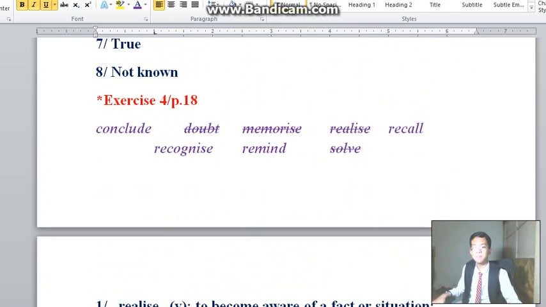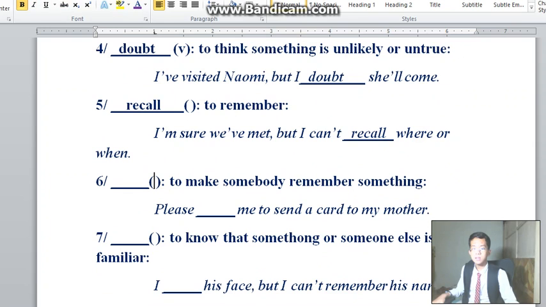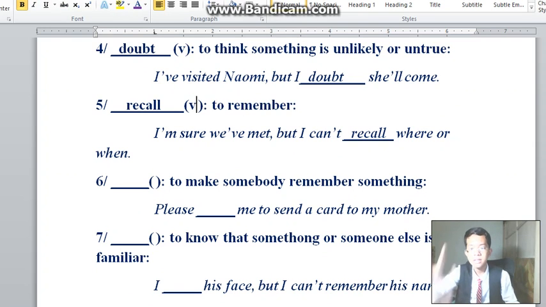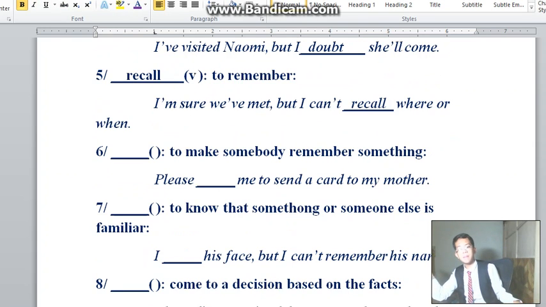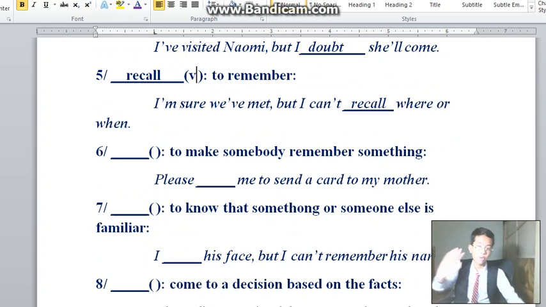To make somebody remember something is to remind them. So this word is really easy. Remind. Nhắc cho người ta nhớ lại.